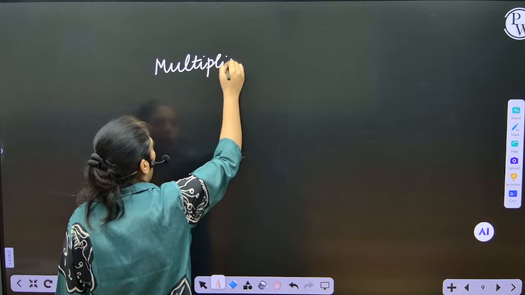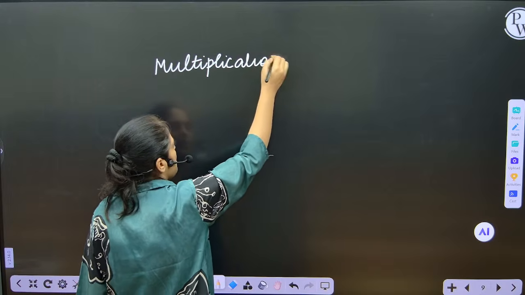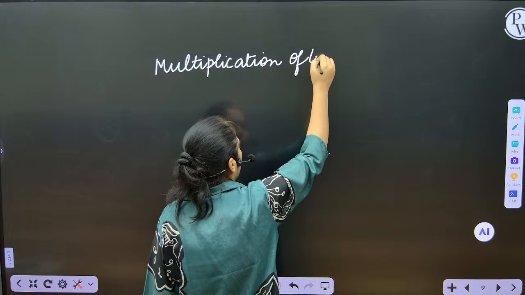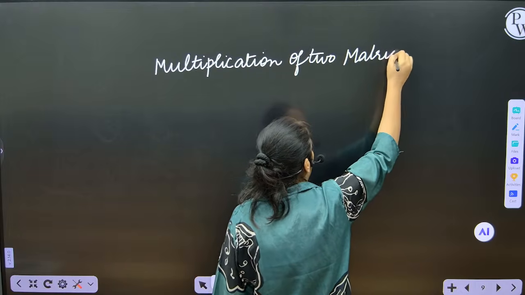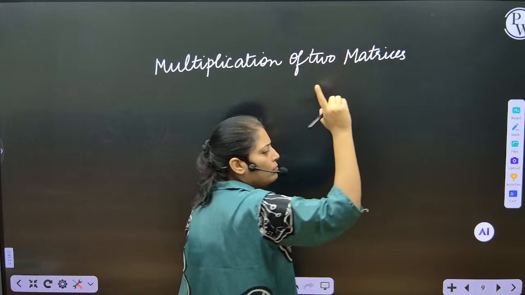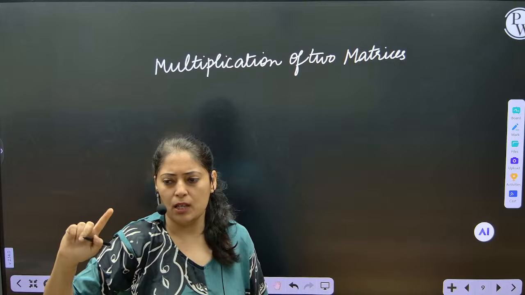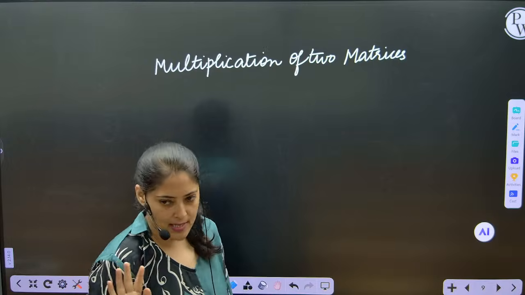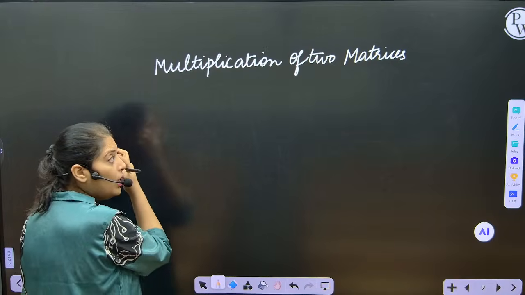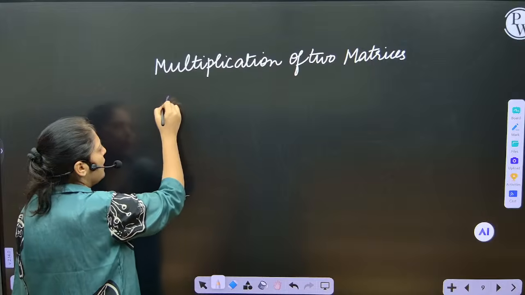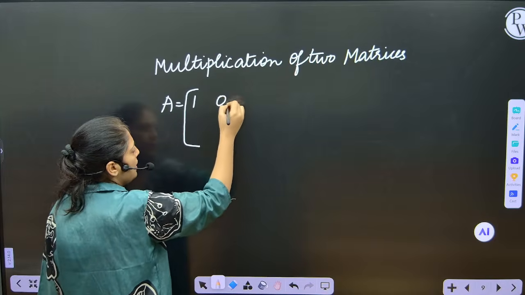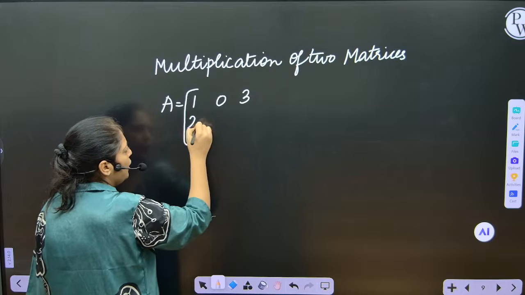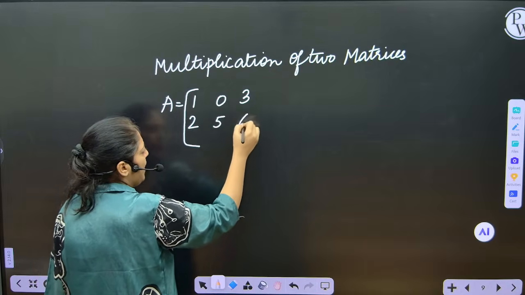Multiplication of two matrices. Now singular is matrix, plural is matrices. Okay, suppose any matrix I am taking: 1, 0, 3, 2, 5 and 6.